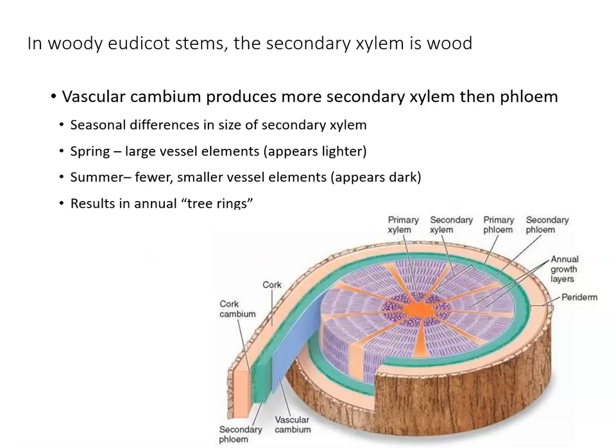During different seasons, there's differences in the size of the xylem, the secondary xylem, because in the spring versus the summer versus the fall versus the winter, there's going to be differences in the growth rate and deposit of the secondary xylem compared to the phloem. So that's kind of a fun fact for the day about how we can understand why trees have these rings that we might use to determine their age. It has to do with the pattern of the secondary xylem compared to the secondary phloem.